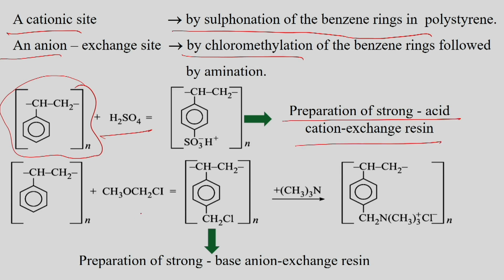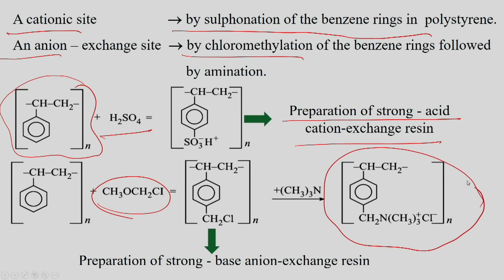If we use CH3O CH2Cl, we get another resin with the anionic part, and in this way a strong base anion exchange resin will be prepared.